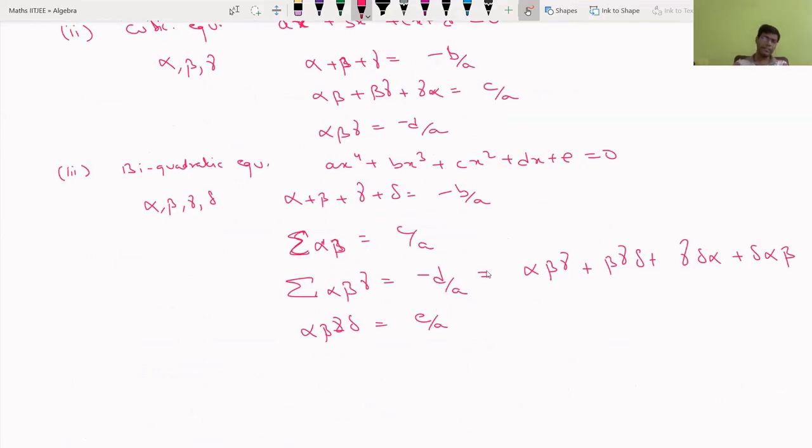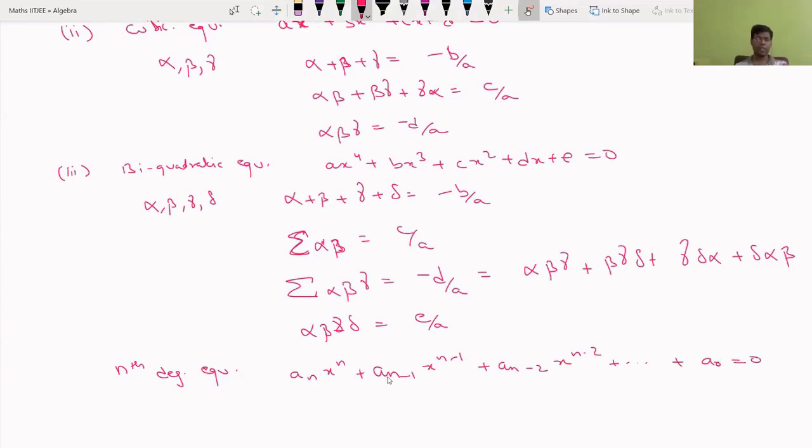So likewise, if we have nth degree equation, where an x power n plus an minus 1 x n minus 1 plus an minus 2 x n minus 2, and so on, a0 is equal to 0.